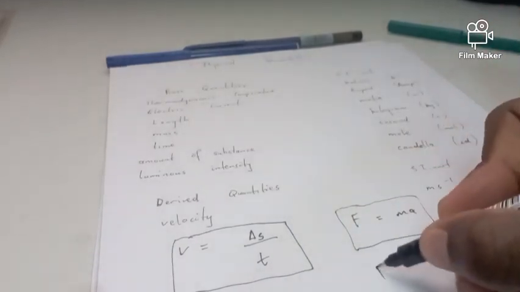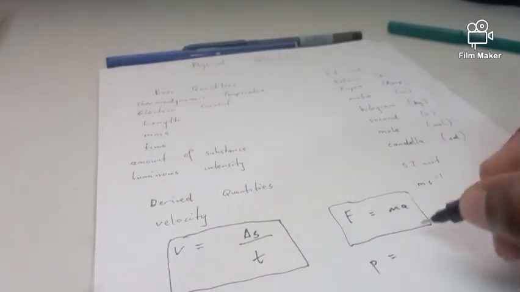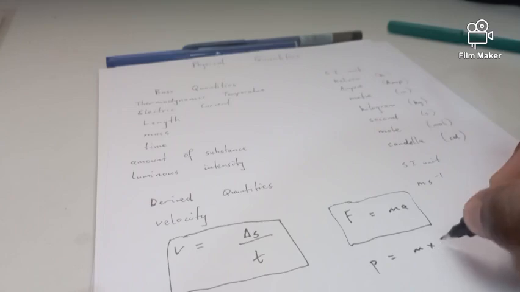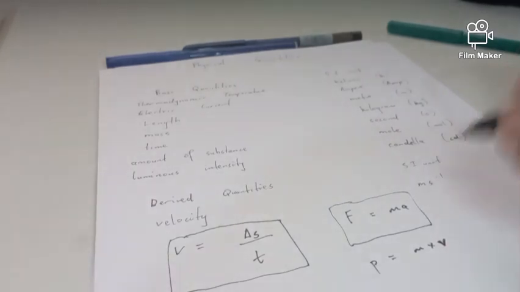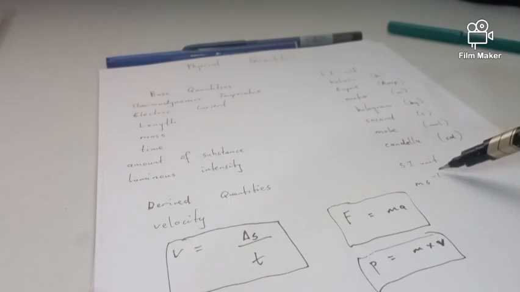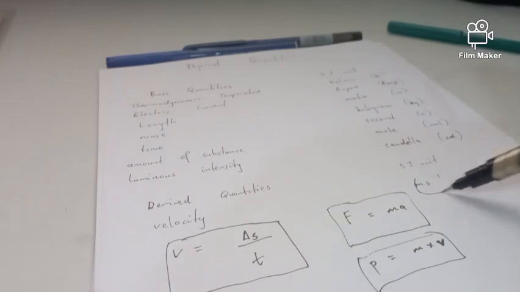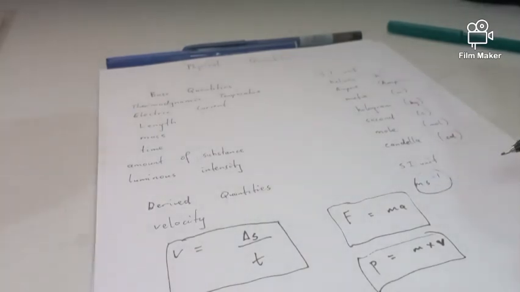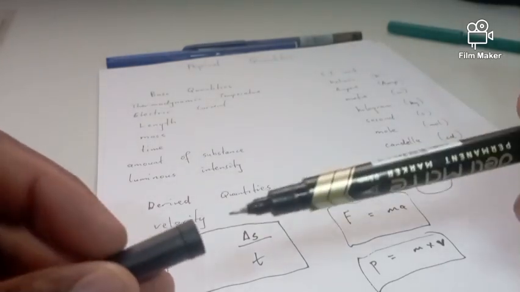We have momentum p being equal to mass times the change in velocity, or the velocity at that particular point. This is a product. Same with the SI units, they are quotients and or products of the base units. That is just about it for the base units and the derived units.